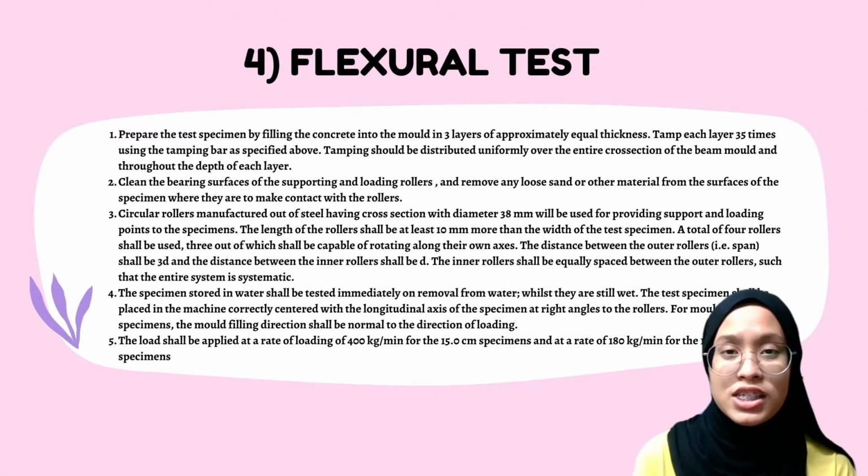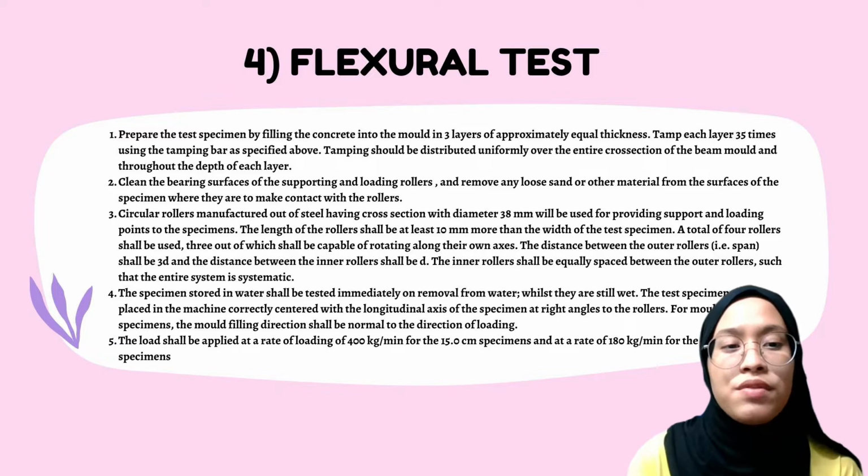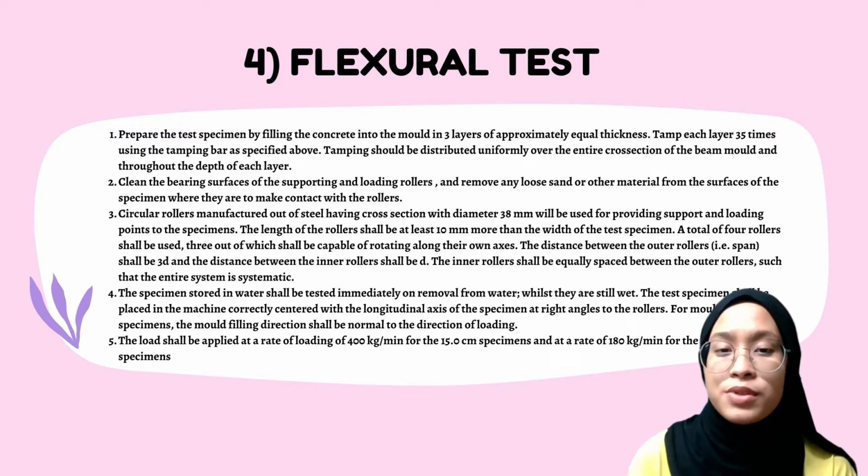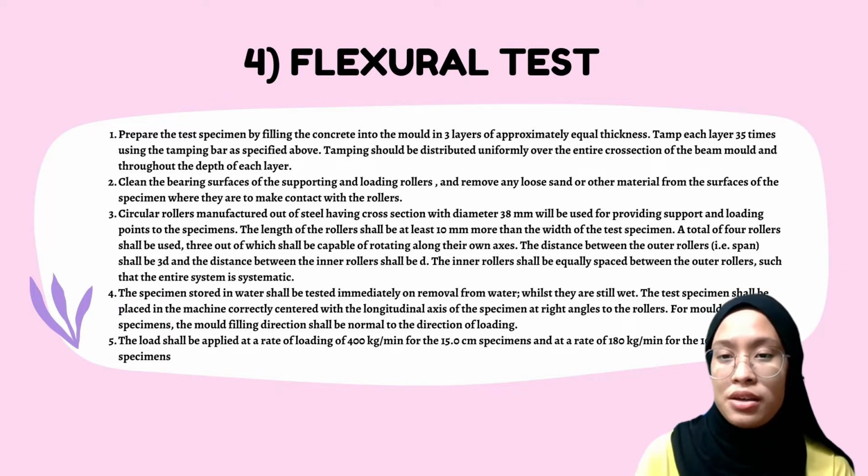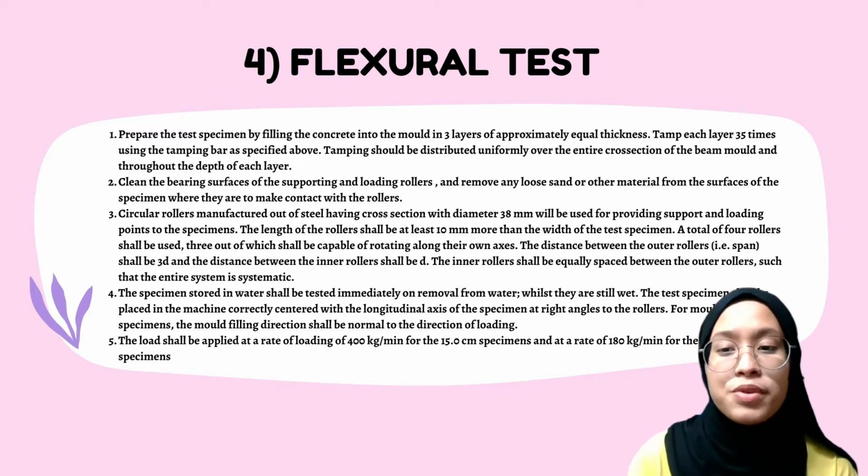Lastly, the flexural test. We do this test to determine the force required to bend a beam. So after preparing the beam, we have to clean the bearing surface of the supporting and loading rollers and remove any loose sand or other material. And then a circular roller made of steel with a cross-section diameter of 38 mm will be used for providing the support and loading points.